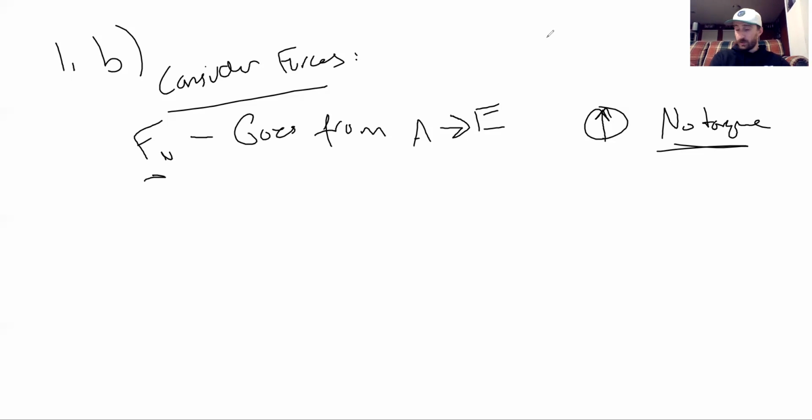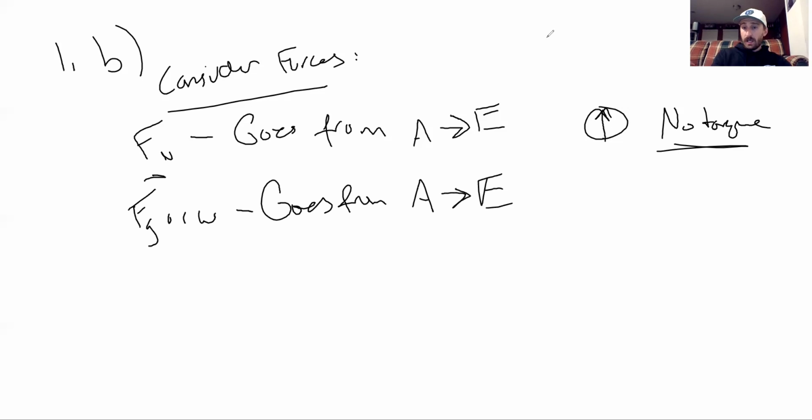All right, next force I have is the force of gravity, or weight. Well, weight acts on it the entire time. It goes from A to E. That's going straight down. This force is through the center of mass, so there is no torque, so there is no change in angular momentum.